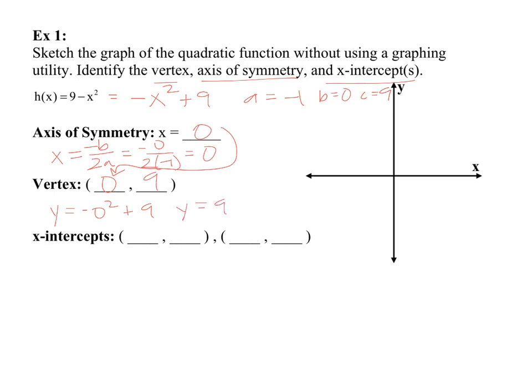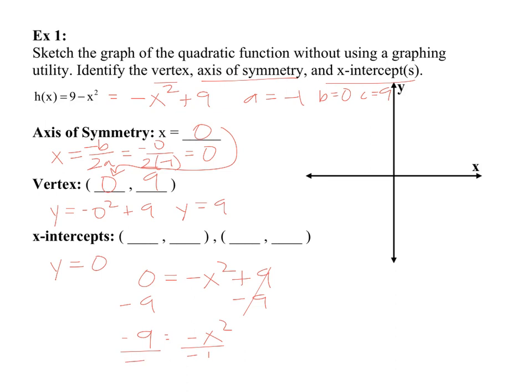Okay, and then the x-intercepts. Now, how do you find an intercept? You set the opposite variable equal to 0, all right, and you plug it into the function. So h of x, or y, is equal to 0, and that's equal to negative x squared plus 9. All right, so let's solve for x. Subtract 9. Negative 9 equals negative x squared.